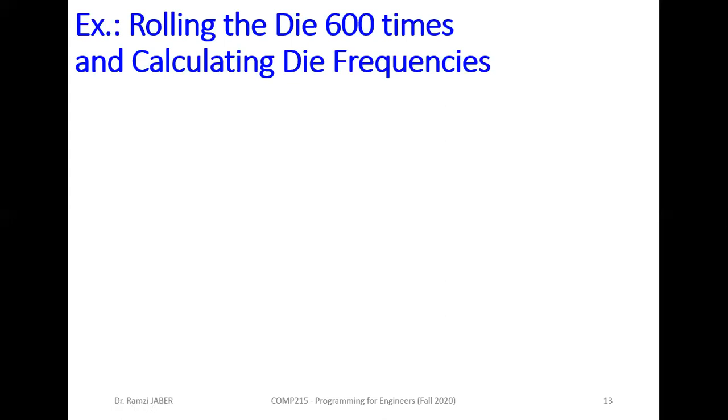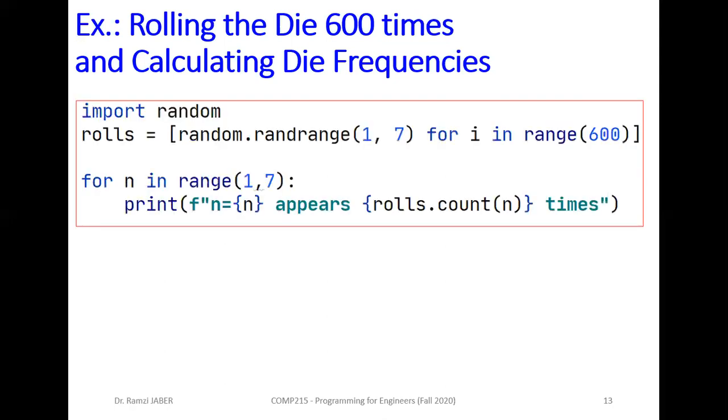What is the probability? 1 over 6. So all the numbers have the same probability, right? So if we roll the die 600 times, each number should appear about how many times? About 100. Well done. This is the code.